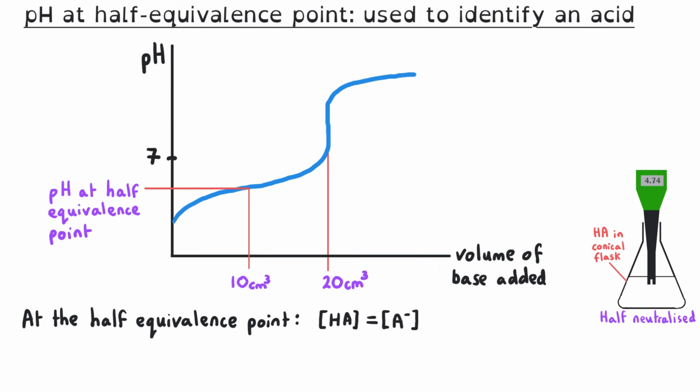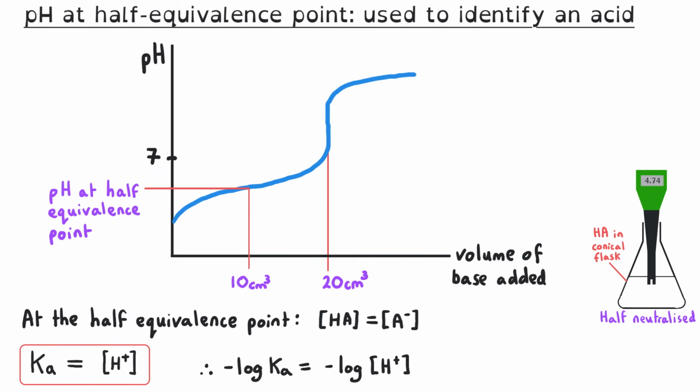And at this point, since the concentration of unreacted acid is precisely equal to the concentration of salt that has been produced, Ka is equal to the hydrogen ion concentration. And so if we take negative logs of each of these terms, we get negative log of Ka equals negative log of the hydrogen ion concentration.